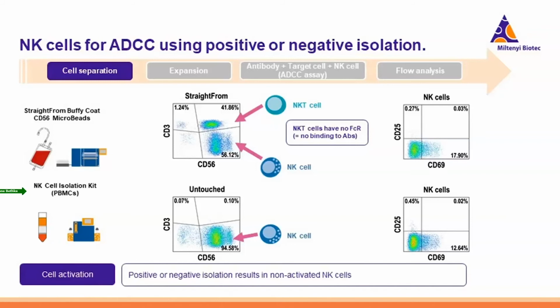In both cases, you get nicely isolated, non-activated NK cells. Of course, with the CD56 microbeads, you also get the NKT cells, but it doesn't really matter in this assay because they have no Fc receptor. NKT cells do not express CD16, so no antibody binding can happen, and they do not interfere in this assay.